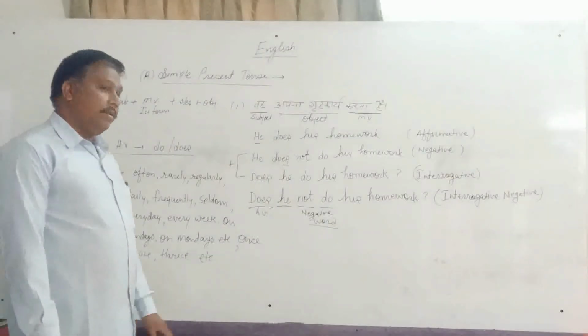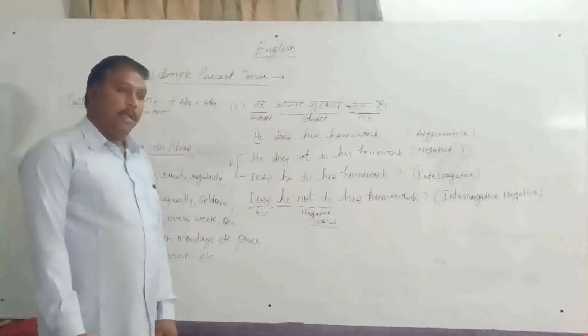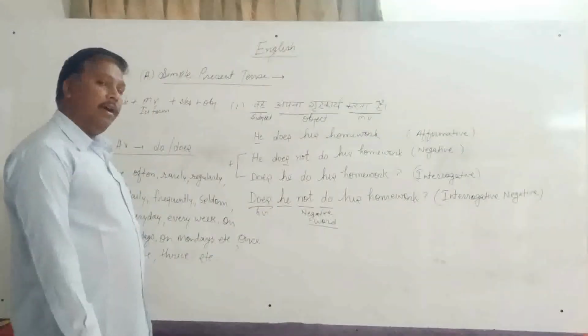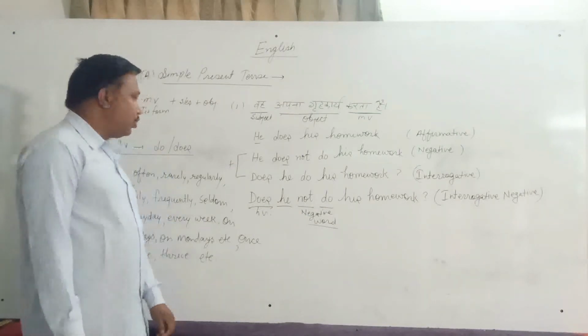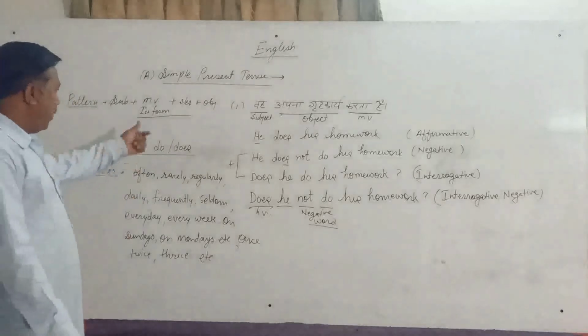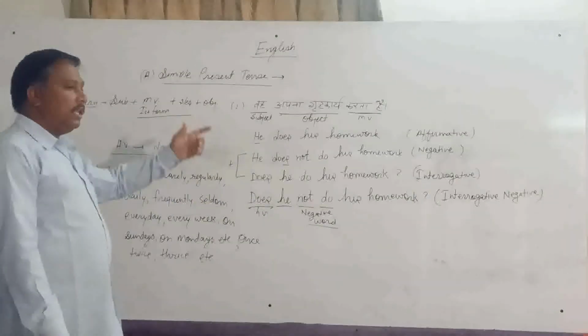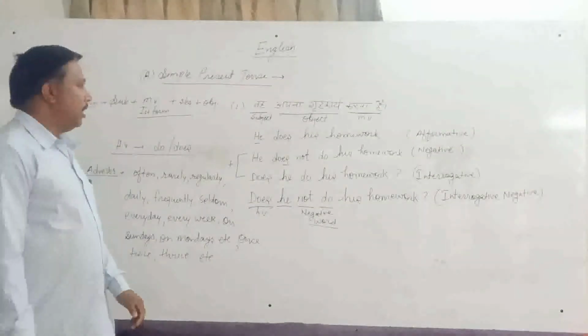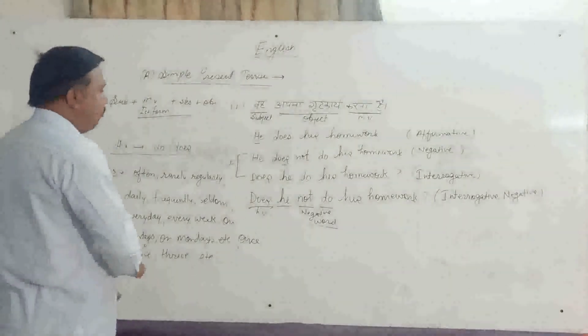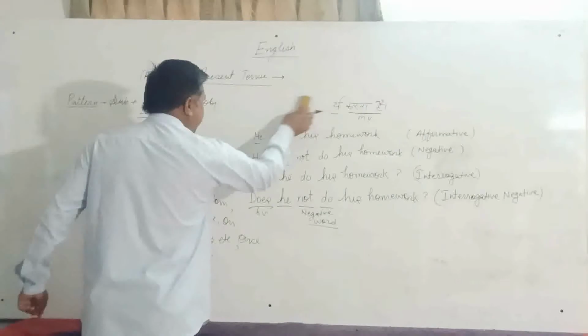And in the exam or in the question, we have to fill in the correct form of the verb. So we will apply this one: main verb in first form, and then s or es will come or not. Okay. So I am writing here some more examples according to the question.